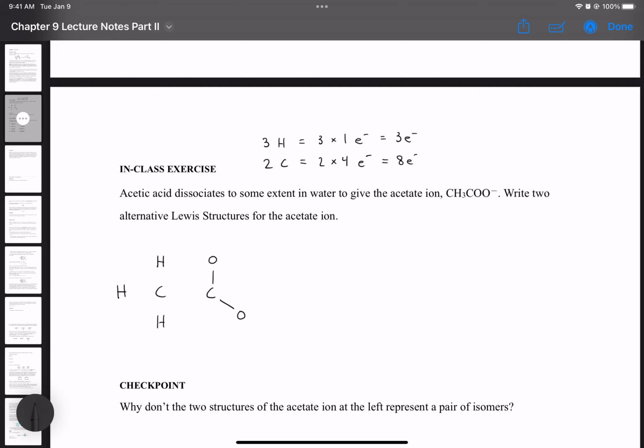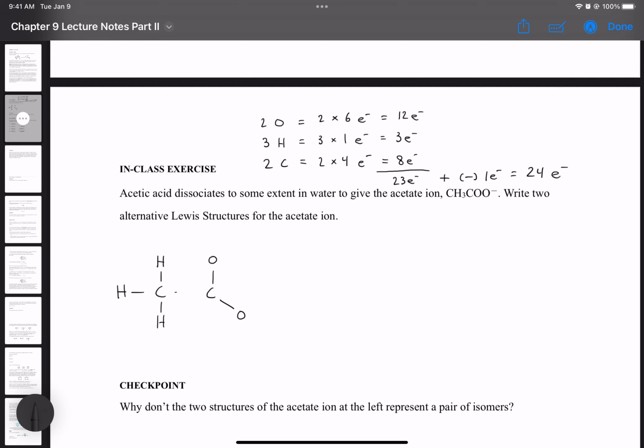And lastly, we have 2 oxygen atoms, 2 times 6 electrons, which gives us 12 electrons. If we add these all up, we get 12 plus 8 is 20, plus 3 is 23 electrons. But we forgot something here. We have to add the negative charge, which is 1 electron. That gives us a total of 24 electrons.